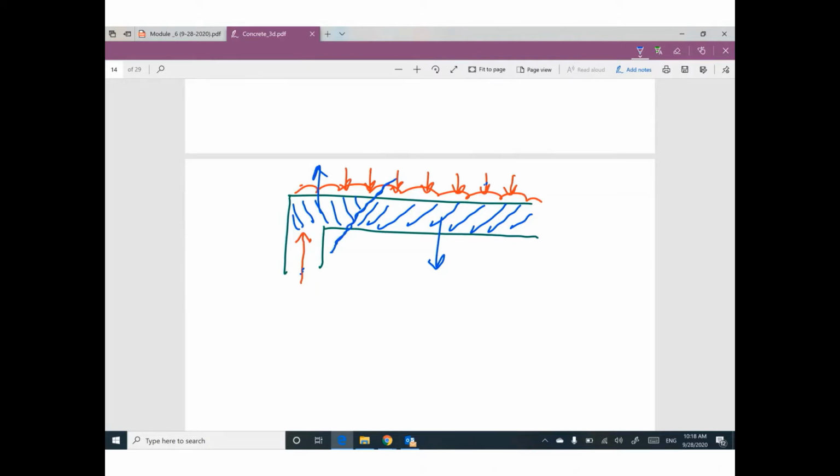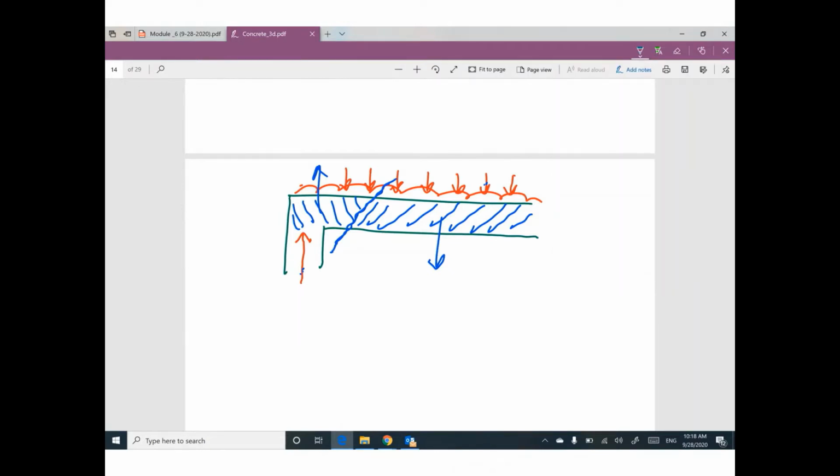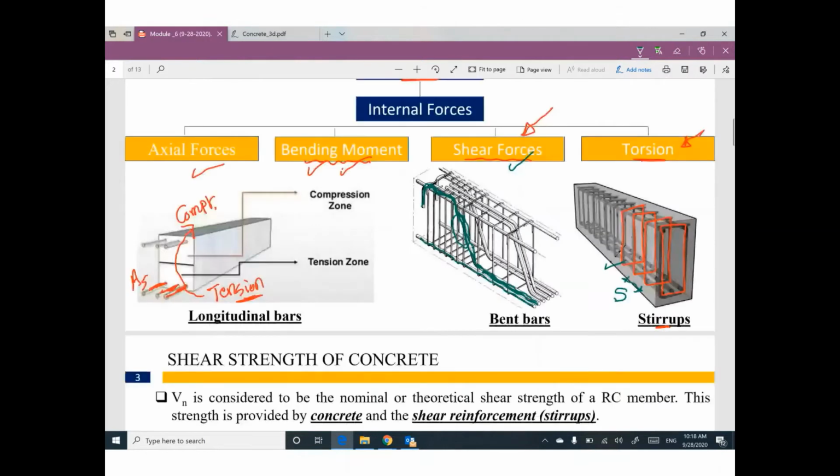So we have two options. The first option, your longitudinal reinforcement at this location will be bent like this. In real life, like this. Can you watch it? Here you go. This is called bent bars.